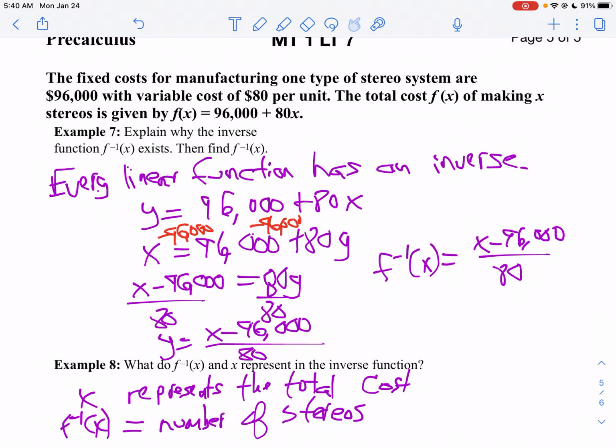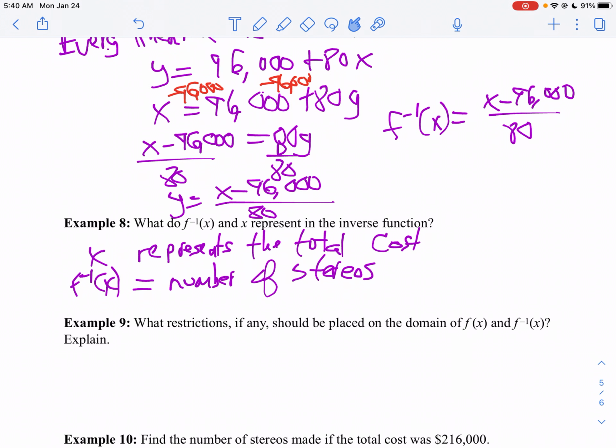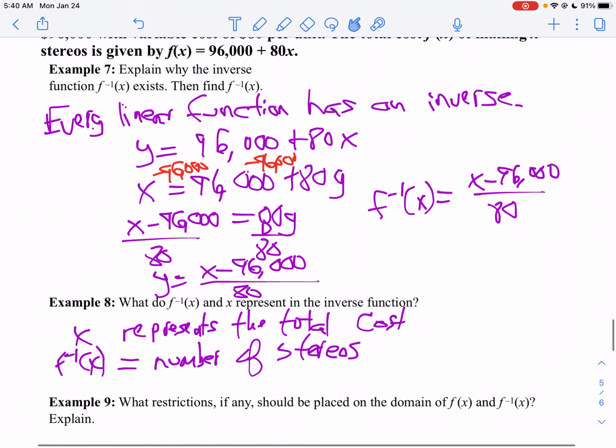Now, in example 9, what restrictions, if any, should be placed on the domain of x in f inverse of x? Well, if we go back to the original function, you can't have a negative number of stereos or a negative amount of money to manufacture them.